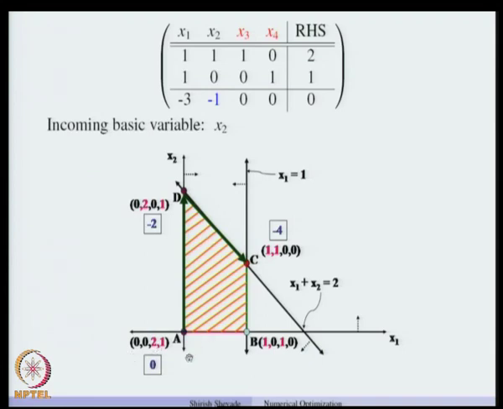But one thing to keep in mind is that every time we move from a basic feasible solution, or a vertex, to a neighboring vertex, the objective function value decreases if the basic feasible solution is non-degenerate.